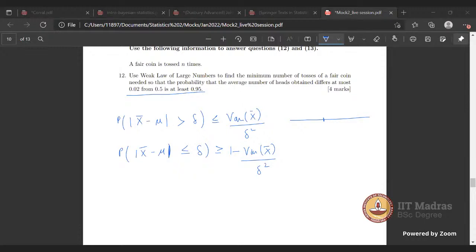This is my first expression and this is my second expression.